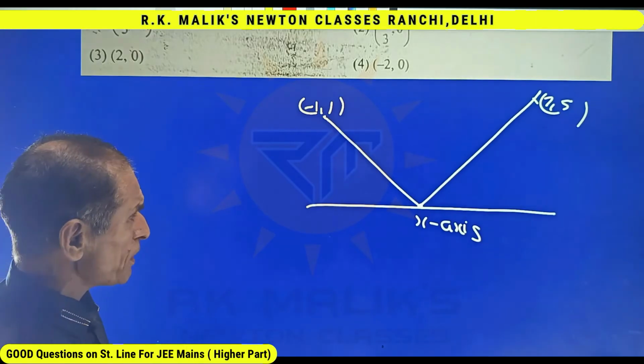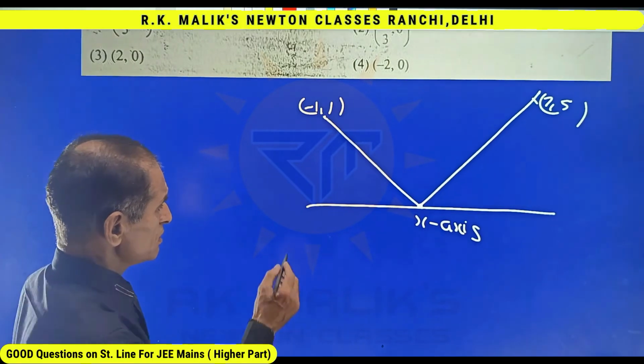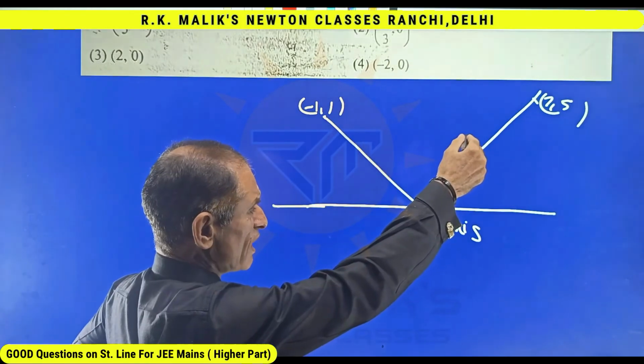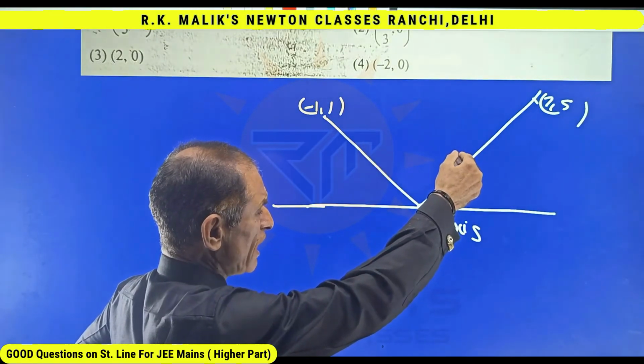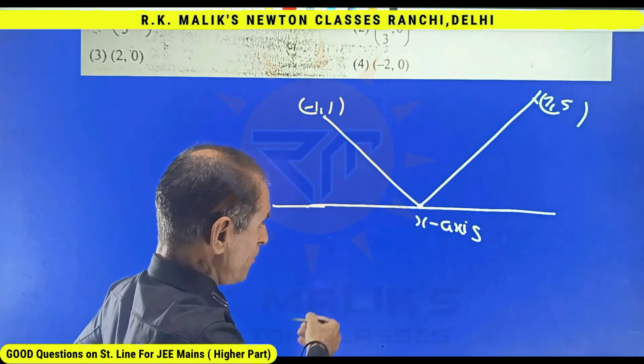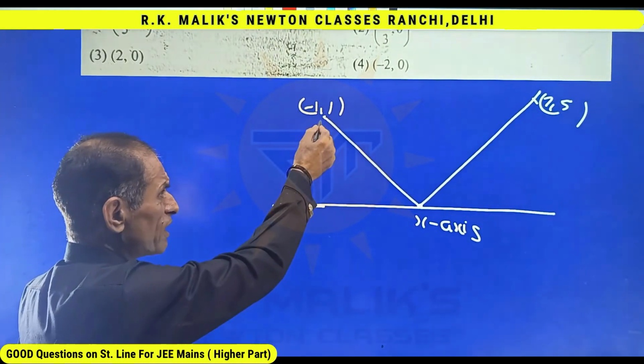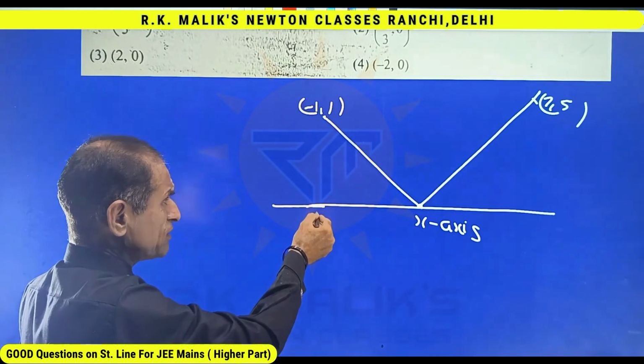As we know the property of light, that the reflected light behaves like it has come from the mirror image of this point in this line.